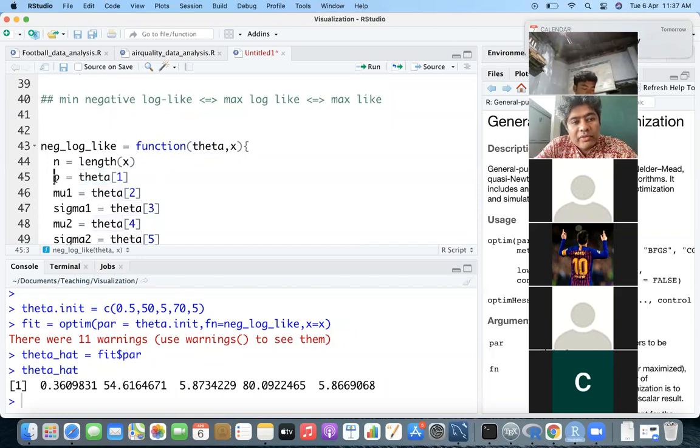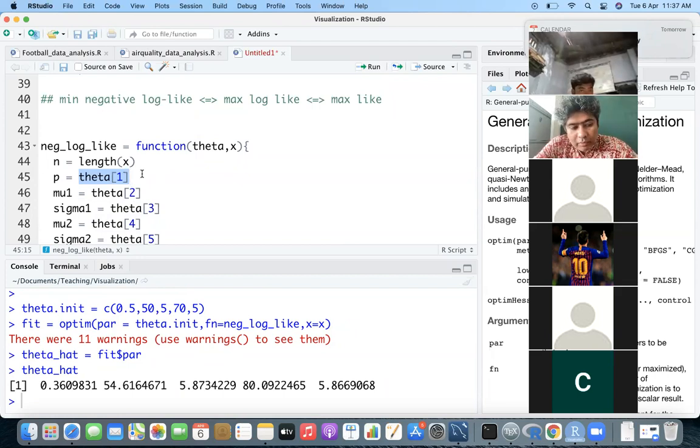But I know that for the first parameter, P has a support between 0 and 1. So that's why we were trying these transformations. But looks like this transformation is not actually helping us. So I decided, okay, let's not use those transformations.